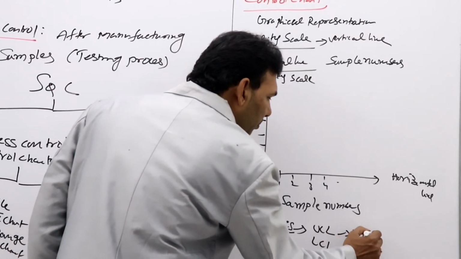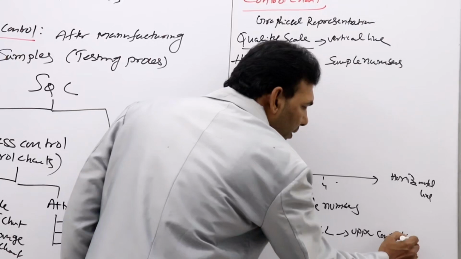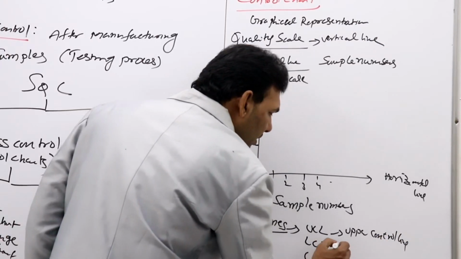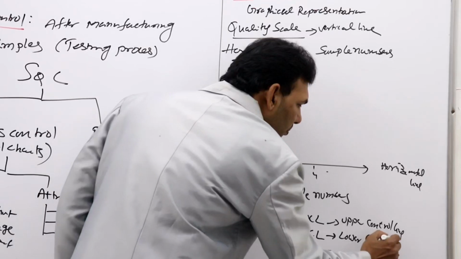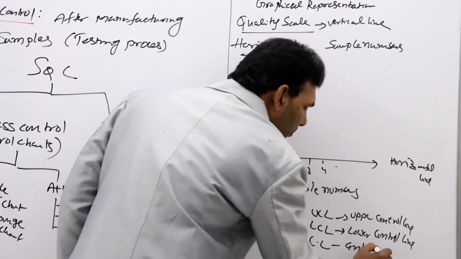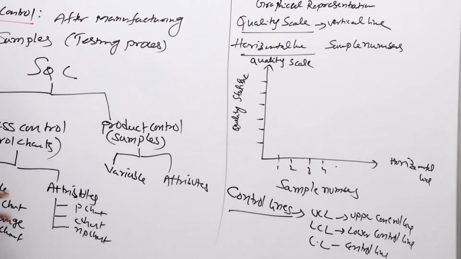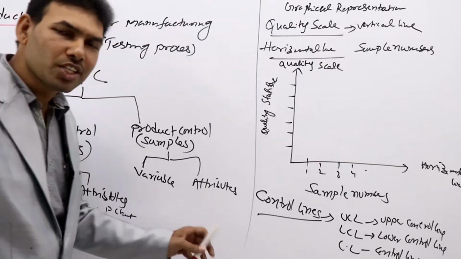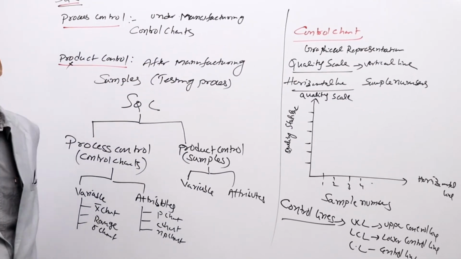This is the upper control line. This is the lower control line. This is the control line. So first, to draw any control chart, whether a variable chart or an attribute chart, first draw the control lines.